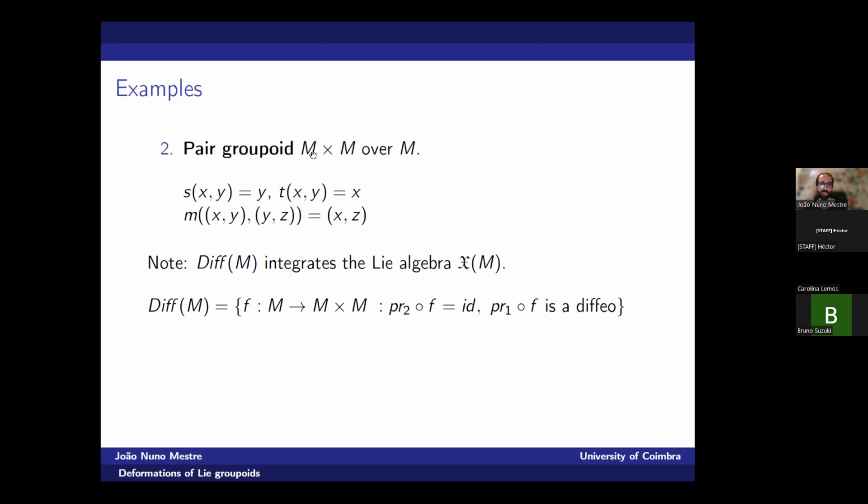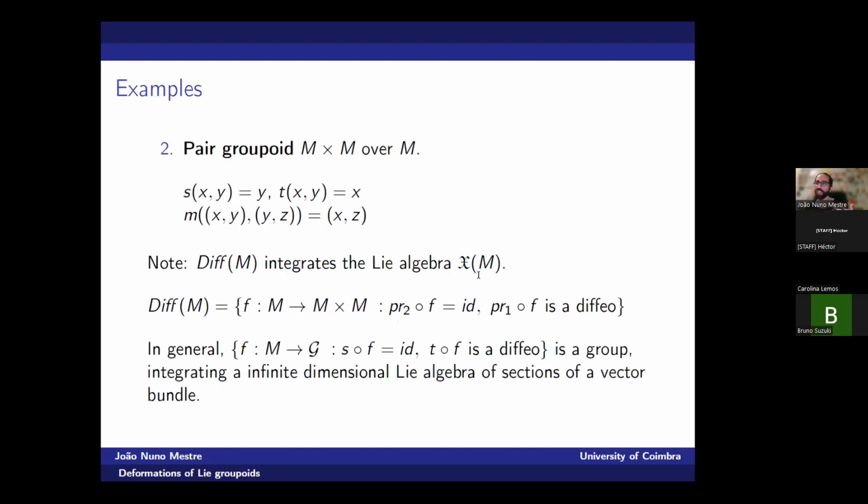For this pair groupoid, there's an object associated with it that integrates an infinite dimensional Lie algebra. And this is going to be a general phenomenon. Most Lie groupoids, or any Lie groupoid, has an associated group, which is infinite dimensional in general, which is given by sections of the source map, which composed by the target map give a diffeomorphism.